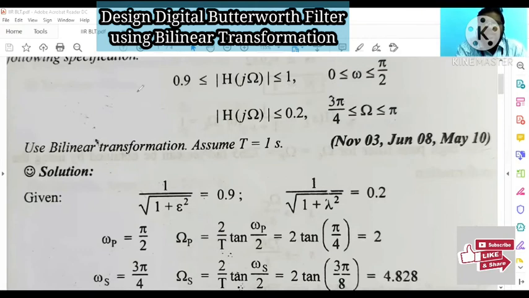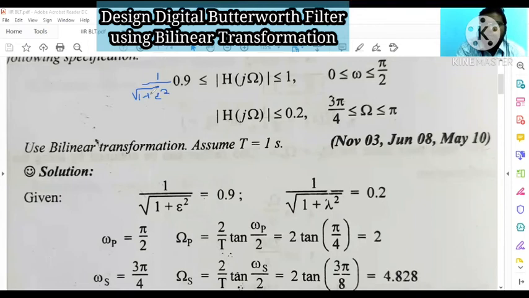You know the standard format: the magnitude of H(j omega) lies between, instead of here, you write 1 divided by root of 1 plus epsilon square, and up to 1. So the magnitude of H(j omega) is less than or equal to 1 divided by square root of 1 plus lambda square, because it is the stop band.